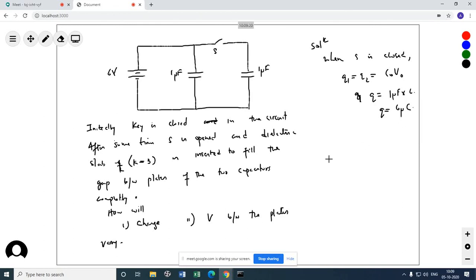Now when the key is open and K is inserted, let me name this C1, let me name this C2.